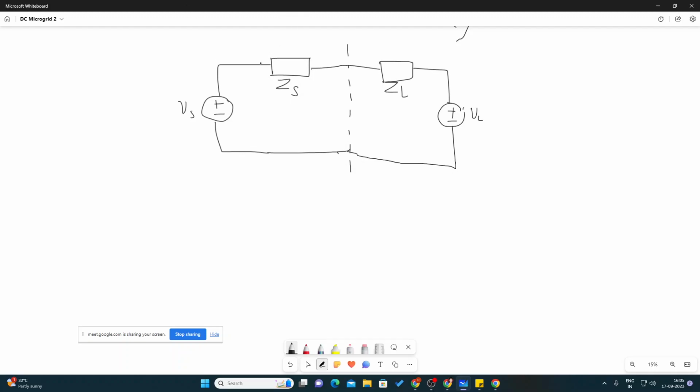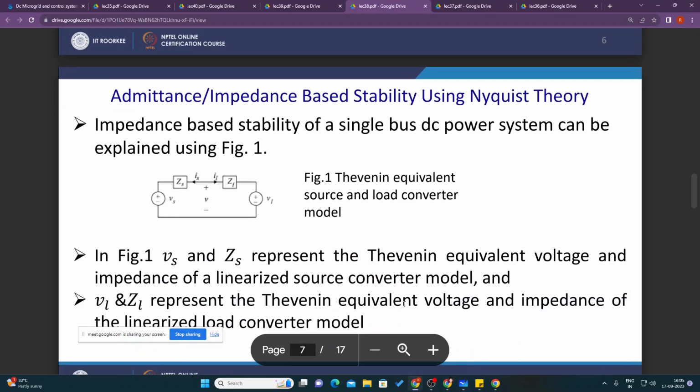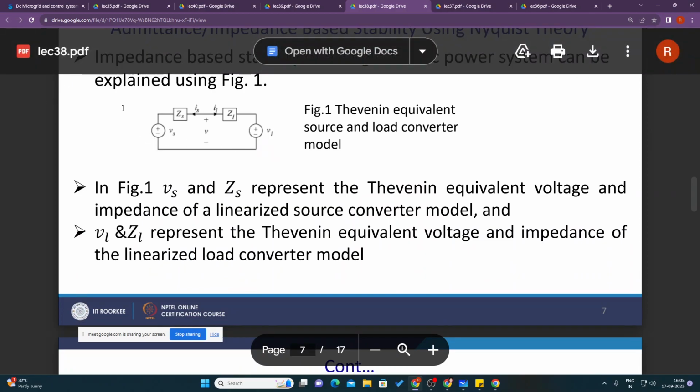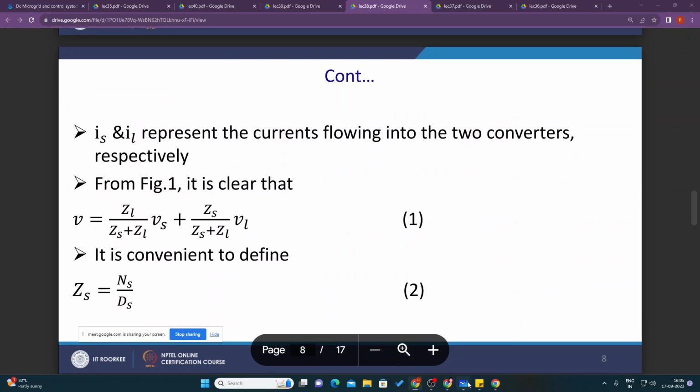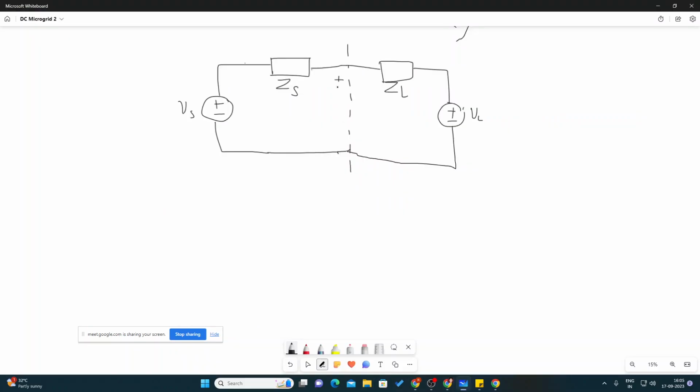Here it has been shown Vs, the two impedances on both sides, and VL. Now we are interested in this voltage V. First we need to find the current I. I equals (Vs minus VL) by (Zs plus ZL).